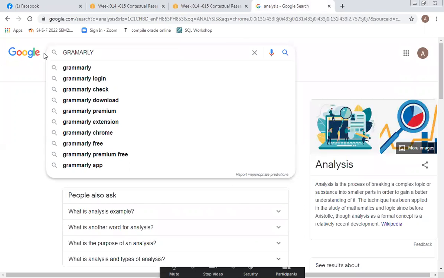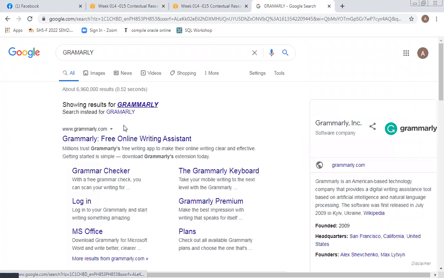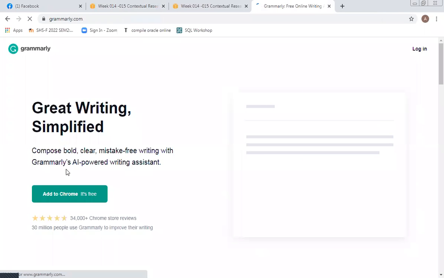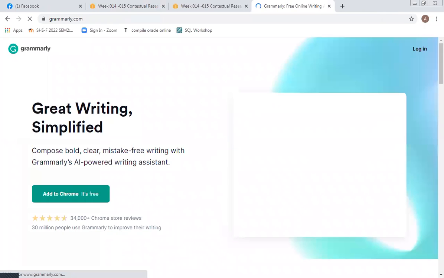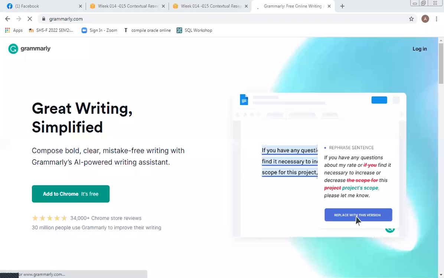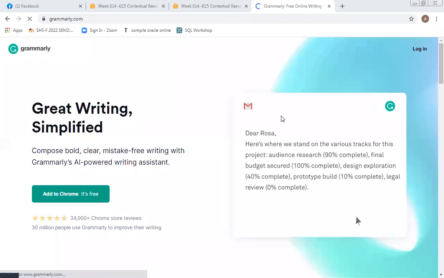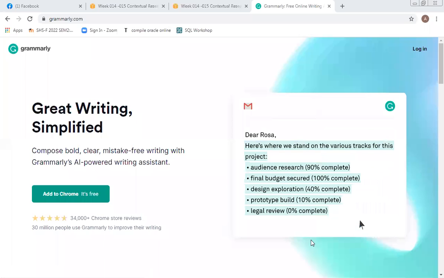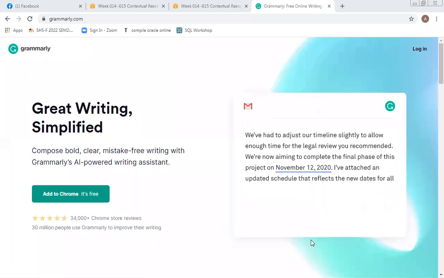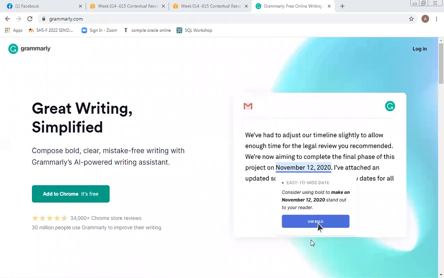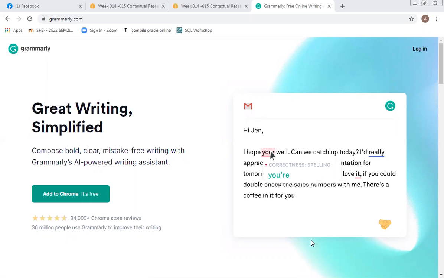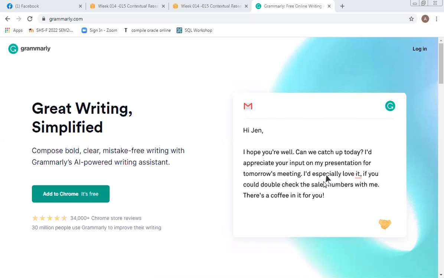Nakikita ba yung screen ko, class? Opo. Okay, yung Grammarly ito, kapag dinownload nyo to, kinokorek niya yung format, kinokorek niya yung punctuation, yung spelling, yung sentence construction, lahat ng mali mo iko-correct niya.